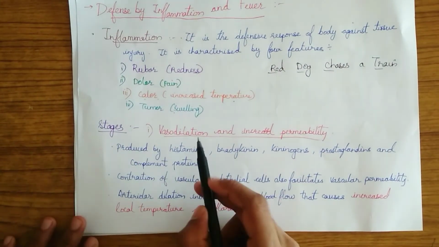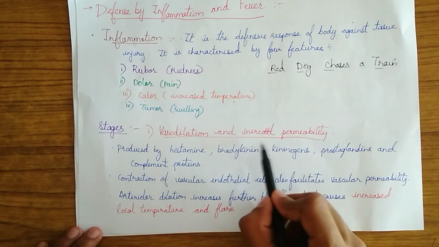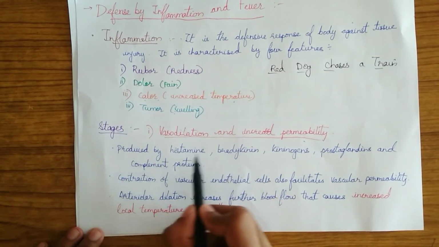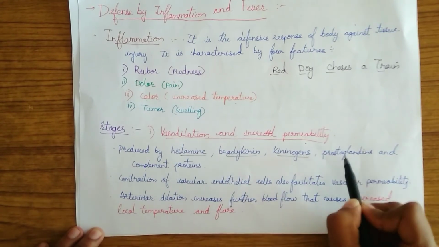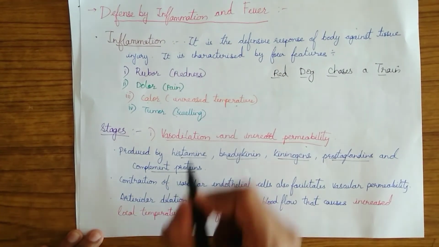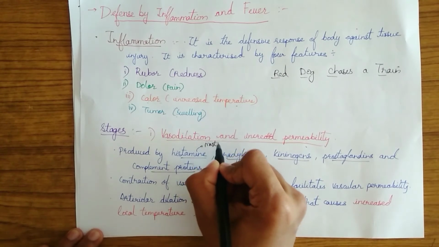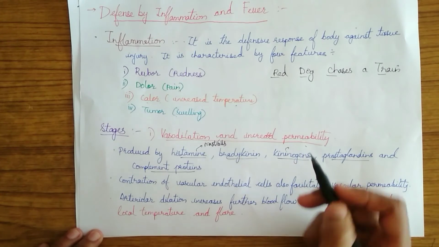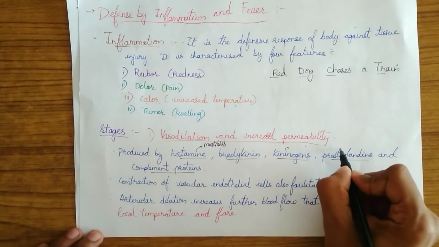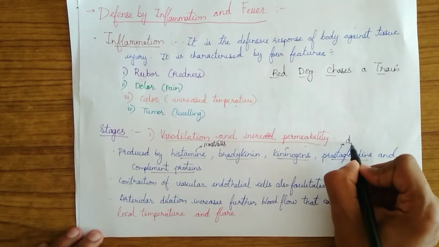The stages of inflammation. The first one is vasodilation and increased permeability. In this there is production of histamine, bradykinin, kininogens, prostaglandins and complement proteins. Histamine is produced by the mast cells. Kininogens are tissue kininogens and plasma kininogens. Prostaglandins are produced by the damaged cells.